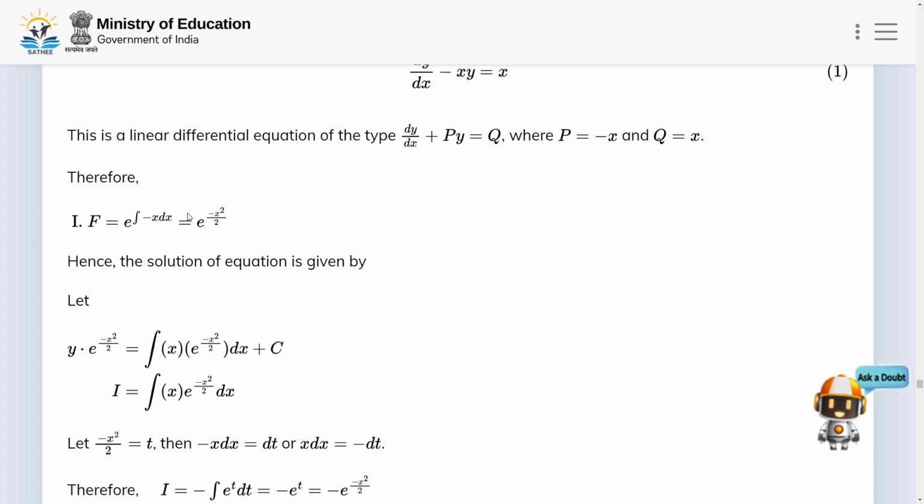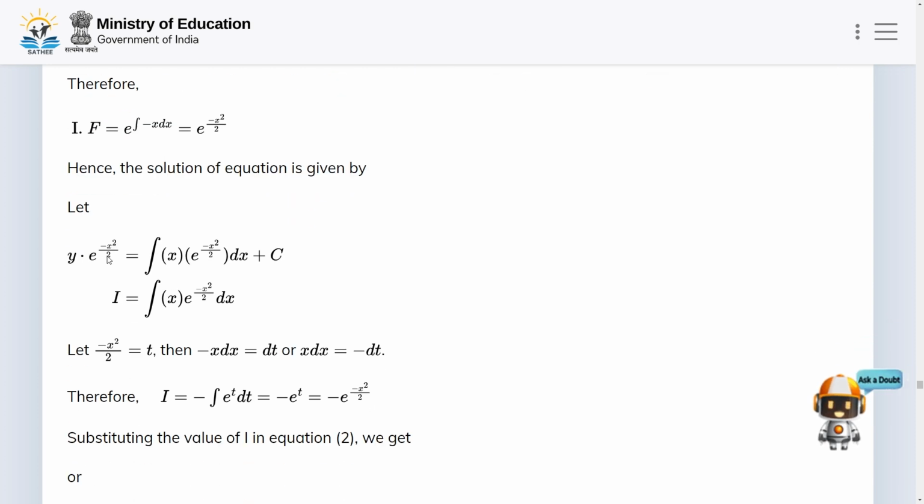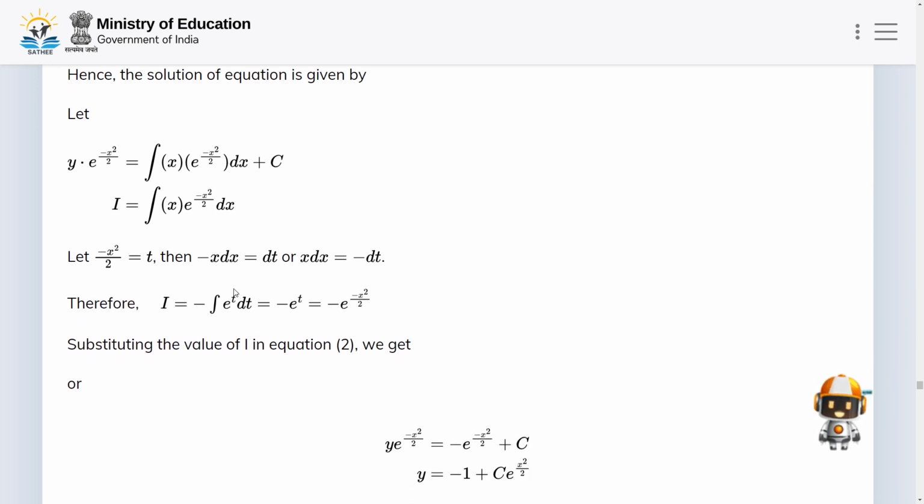After getting the integrating factor, apply the final form, which is y multiplied with the integrating factor equals integration of q multiplied with the integrating factor dx plus some constant. Solve it. After substitution, you have to substitute minus x square by 2 is equals to t. This gives you x dx can be replaced by just minus dt. This means your integration will be minus integration e power t dt.